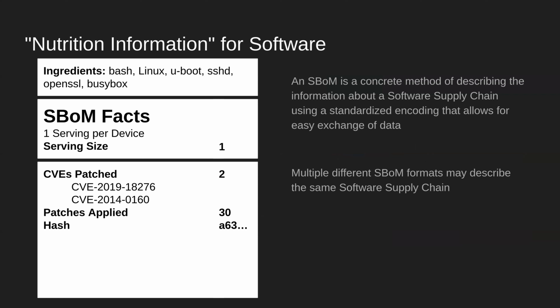A software bill of materials is just like that, where it's a standardized and concrete encoding that describes the more abstract software supply chain. There's a bunch of different formats for SBoMs that might all describe the same software supply chain, just with a different format.